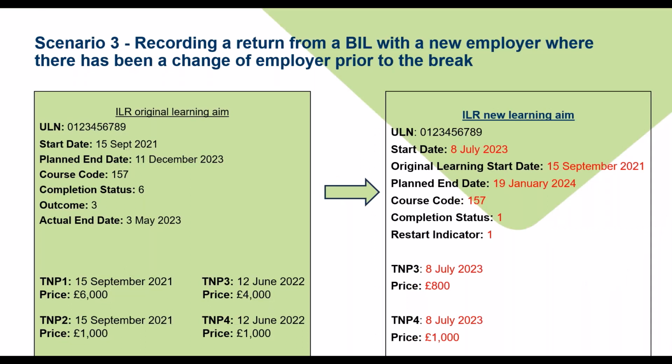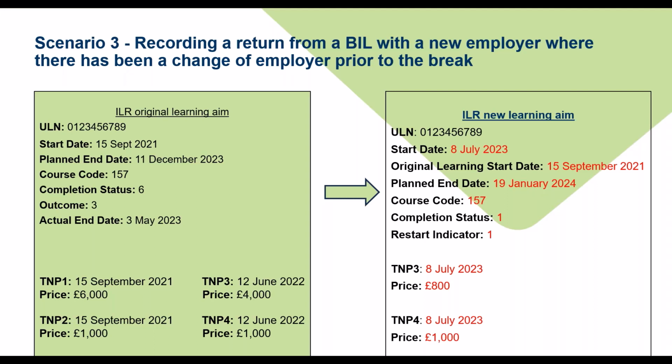Next slide, please. Okay, so the third scenario is where there has been a change of employer prior to the learner going on a break in learning, and the learner is now returning with a third new employer. So for this apprenticeship, we know that the apprentice started the apprenticeship with one employer in September 2021 with an agreed cost for the whole apprenticeship of £7,000.